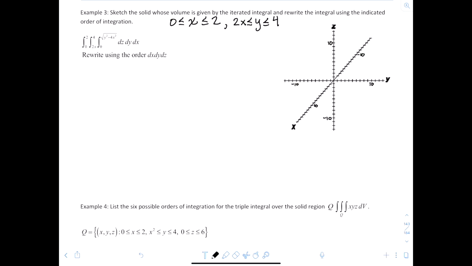And 0 is less than or equal to z, which in turn is less than or equal to the square root of y squared minus 4x squared.